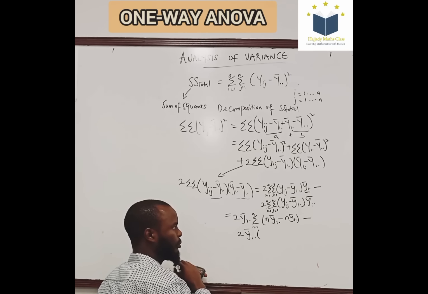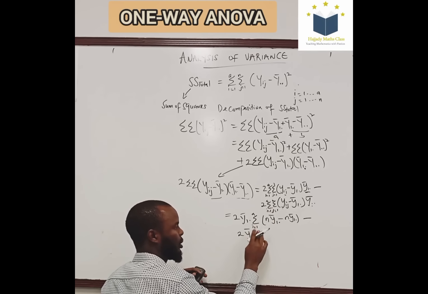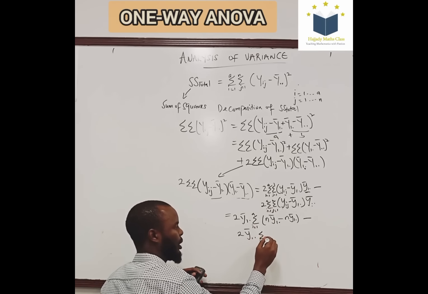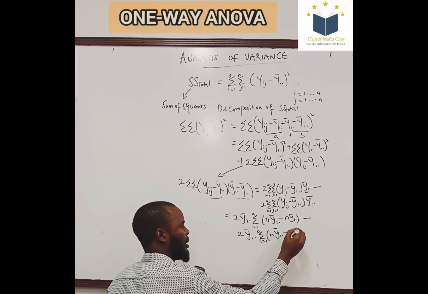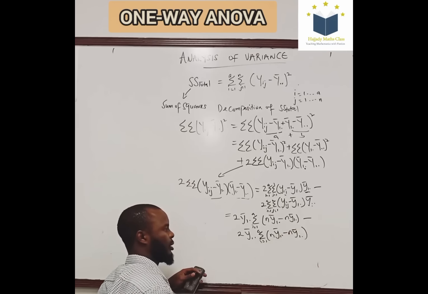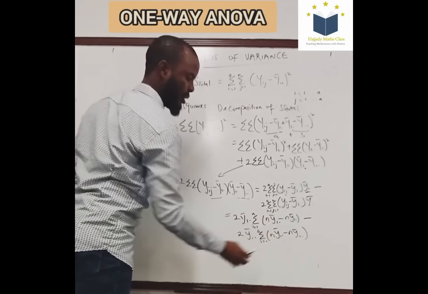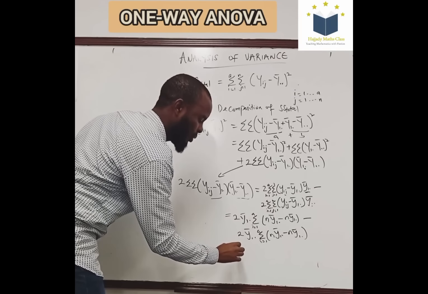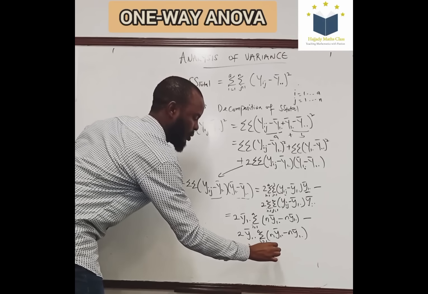Okay. So here I have the same thing will be used. Sum from 1 to a, n yi dot minus n yi dot bar. So looking at this minus this gives 0, this minus this gives 0. So this shows that we have what? 2 into bracket 0 minus 2 into bracket 0 equals 0.